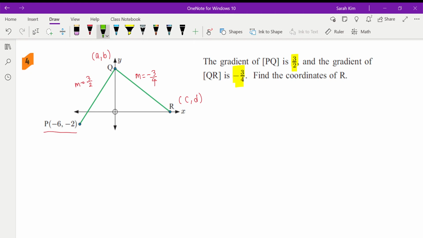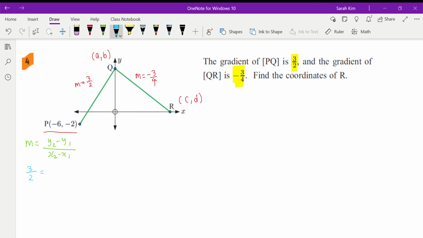Alright, let's begin. I have to use the m formula: y2 take y1 over x2 take x1, and all I have to do is sub those in. So for my PQ, my gradient is 3 over 2.